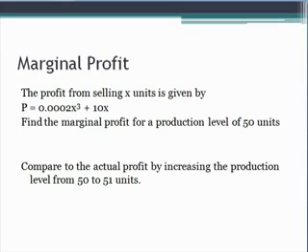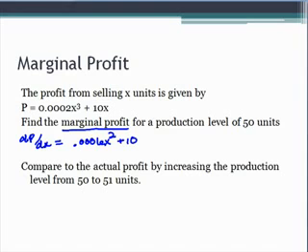So let's try this. We have a profit function here for selling x units, given by this. Find the marginal profit for a production level of 50 units. Okay, so the marginal profit, we want to find the derivative. So we take our exponent 3 times 0.0002, and that goes to 1 less power. And then the derivative of 10x is 10.